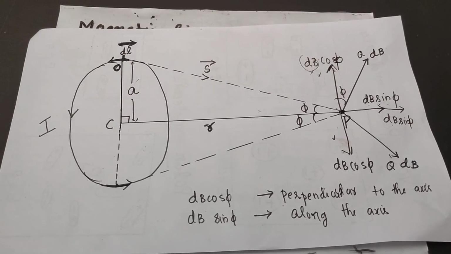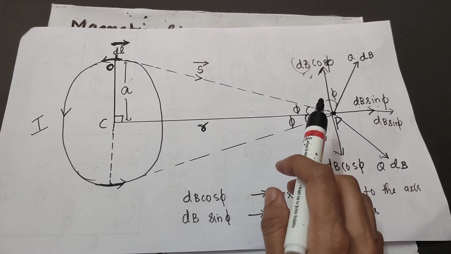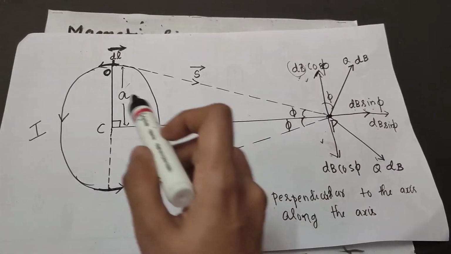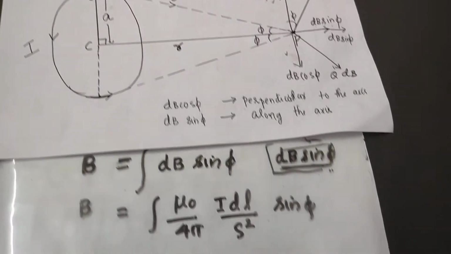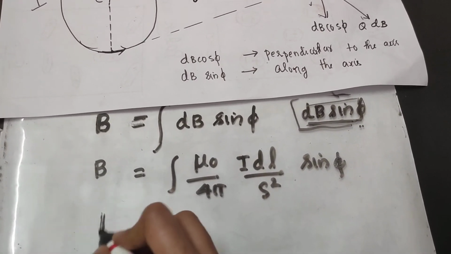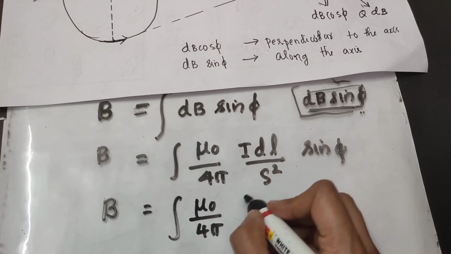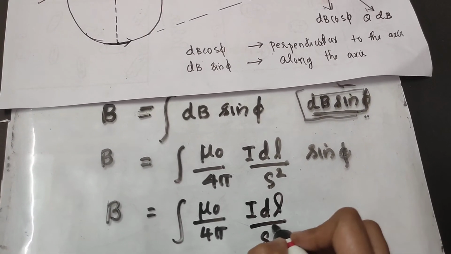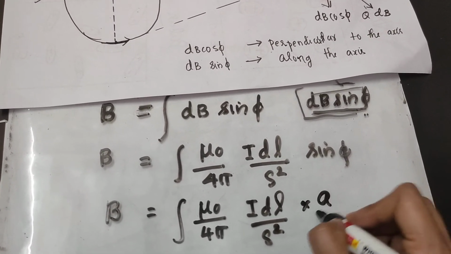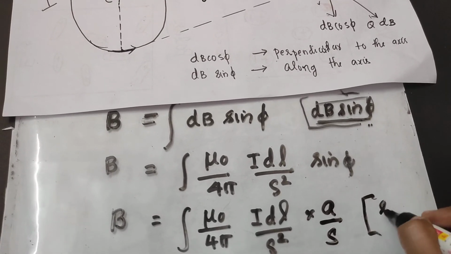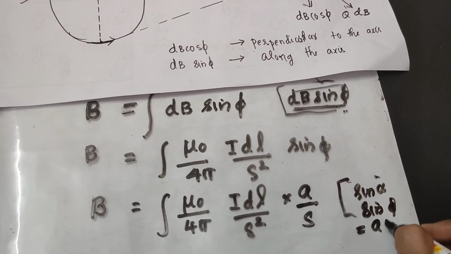Okay. Again consider this figure. What is sin φ? Sin φ means opposite side by hypotenuse. So a/s is sin φ. So we can write this equation as B = ∫ (μ0/4π) I dl/s² · (a/s), since sin φ is equal to a/s.